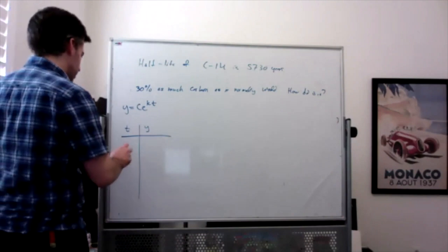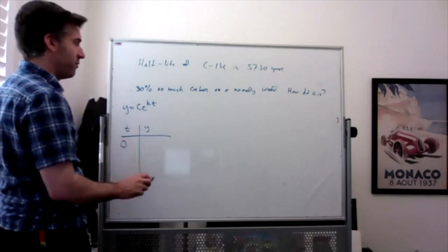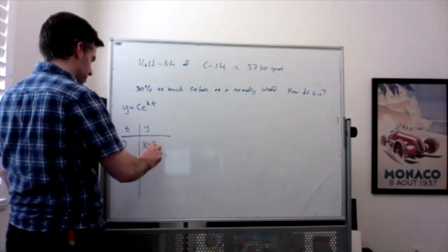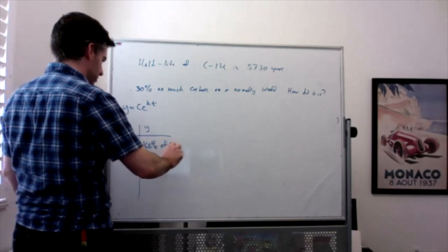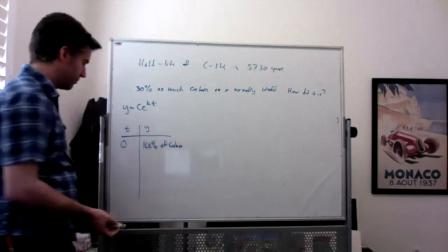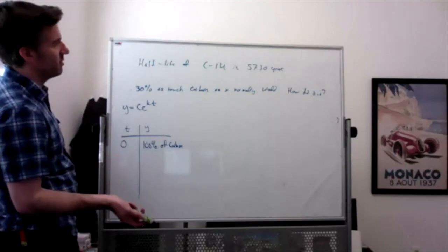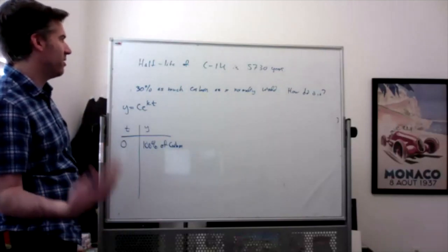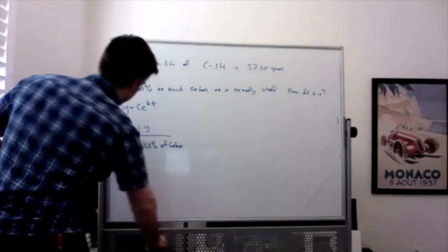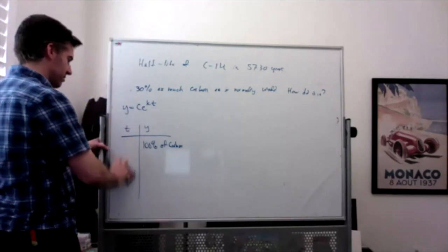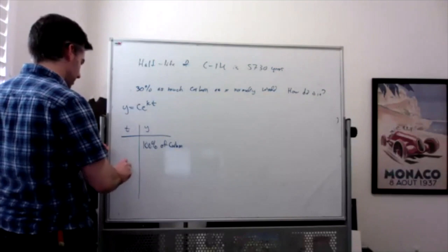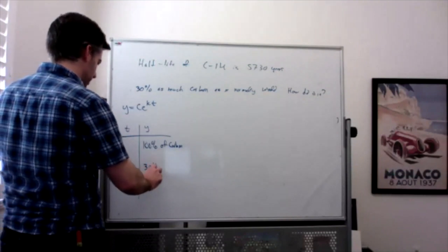So let's say time equals 0 is when we have 100% of the carbon. Well, I find it terrible to do it that way. I really don't like doing it that way. Time equals 0 is going to be when we have 30% of the carbon.